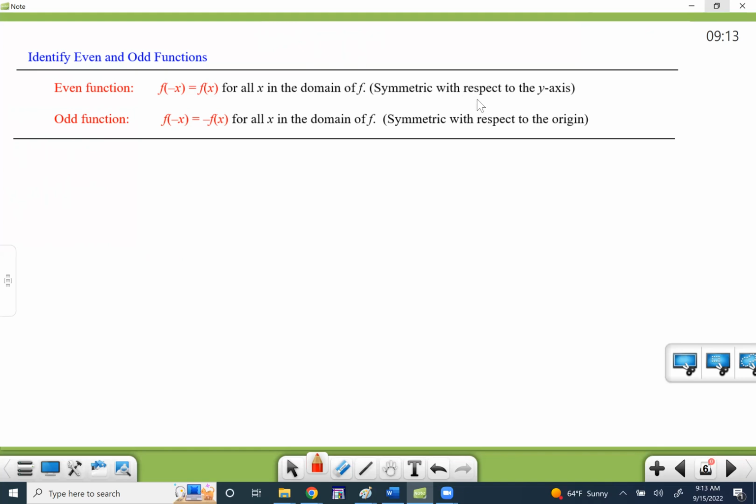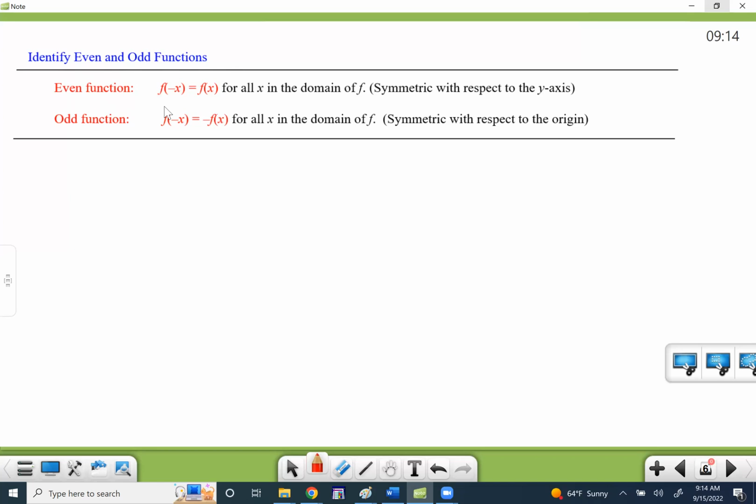Anytime that something is symmetric to the y, then it is called an even function. And anytime that something is symmetric with respect to the origin, it's called an odd function, okay? And you'll want to memorize these definitions. Now, let me talk about what this means and why they give it these names, but also why it's important that you memorize the definitions, okay?